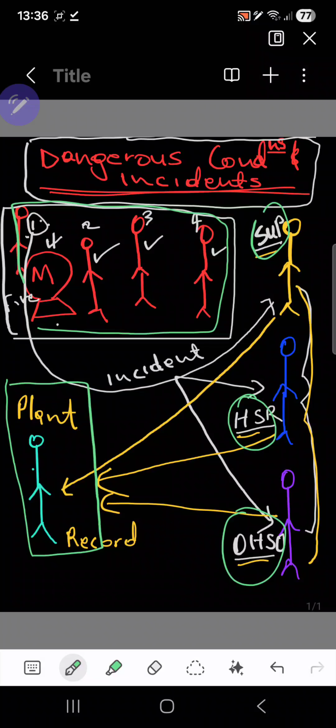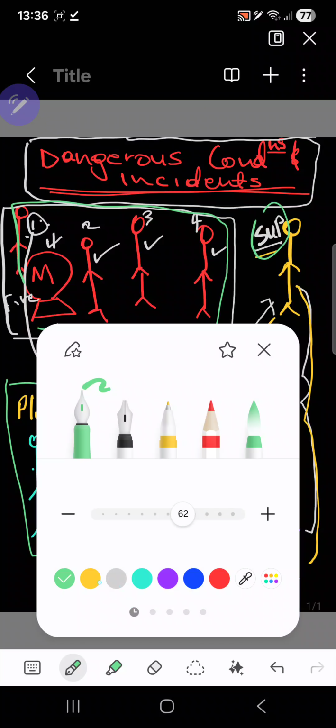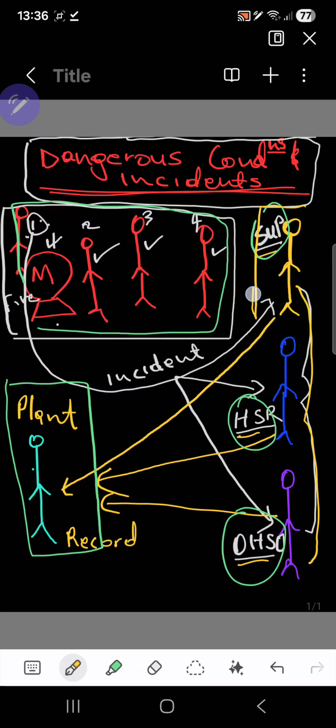What about others who might not be aware? So it's the duty of these three to make sure that every employee working on that plant or in that area is aware of the situation, so they're not going to go and endanger themselves there.